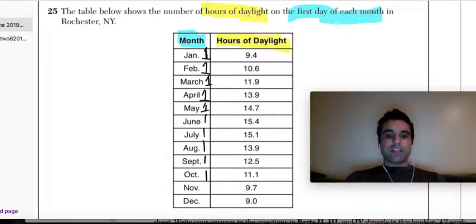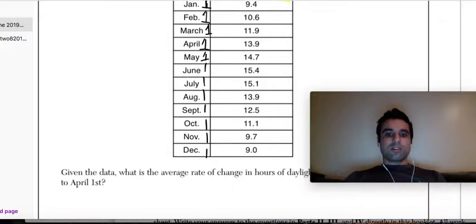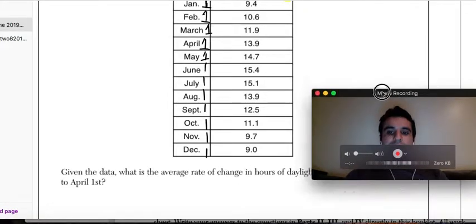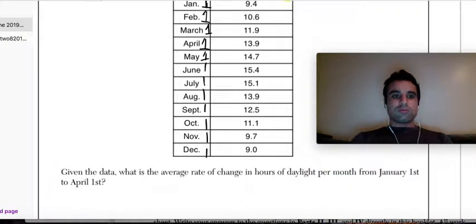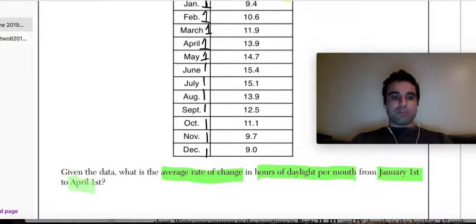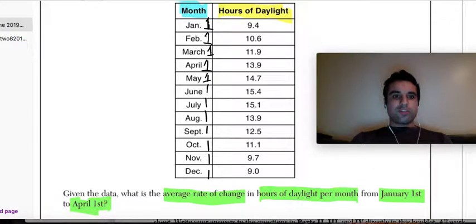Now, before I look at anything else, given the data, what's the average rate of change in hours of daylight per month from January 1st to April 1st? So we got January 1st, I'm going to use a different color right here, and April 1st right here.